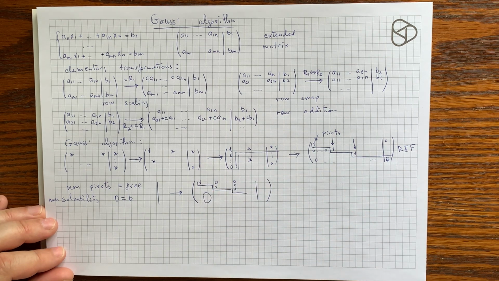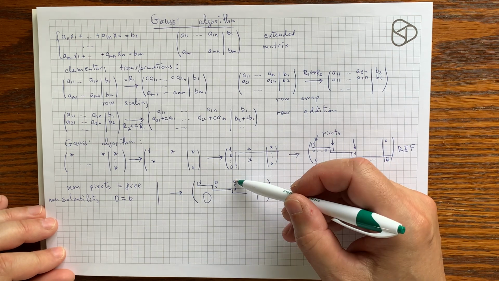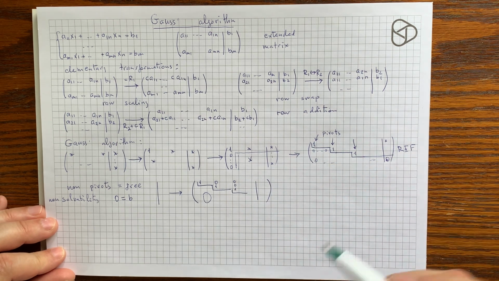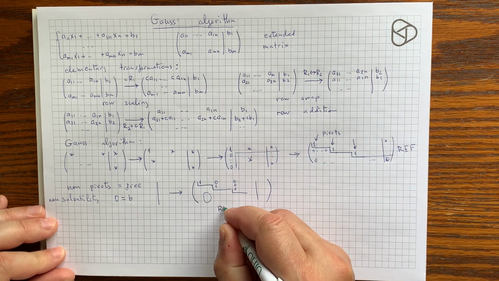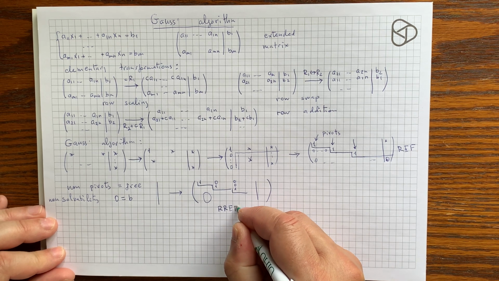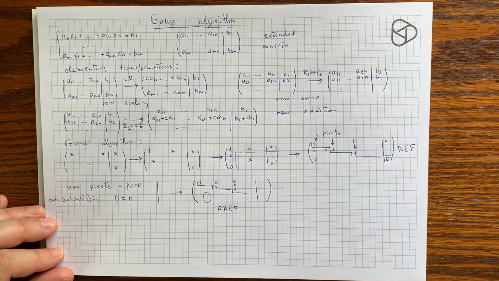So that elimination of coefficients which are non-zero sitting above any pivot will create reduced row echelon form for us. And why do we need to do that is because now the equations behind this matrix, the system of equations, will have the best possible shape.